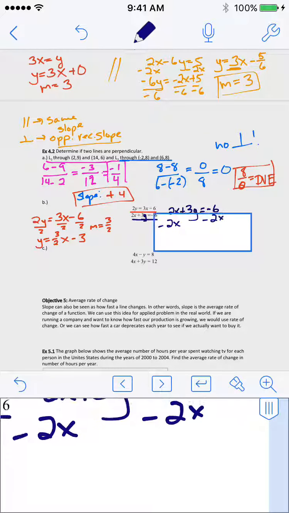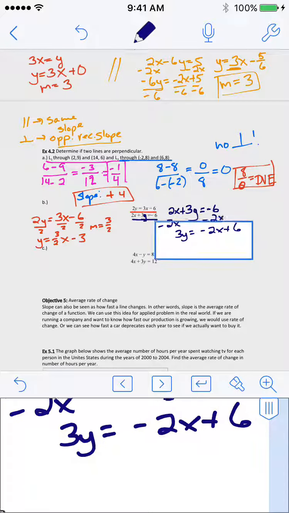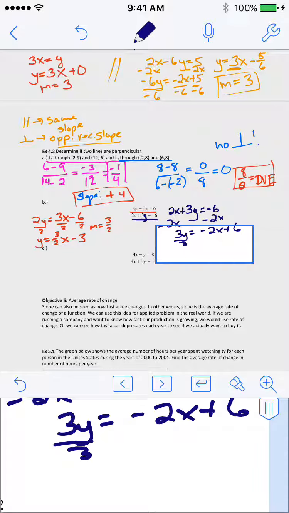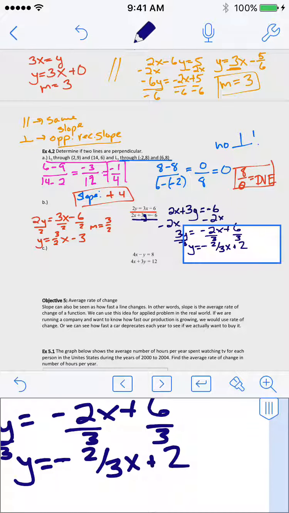So now we have 3y is equal to negative 2x plus 6. And then we can divide by 3 to everything. Notice 1, 2, 3 terms, 1, 2, 3 divisions, right? Everything gets divided. Y equals negative 2/3 x plus 6 divided by 3 is 2.